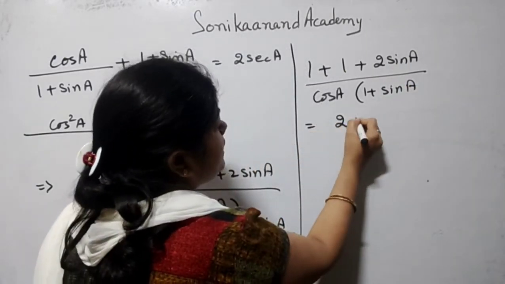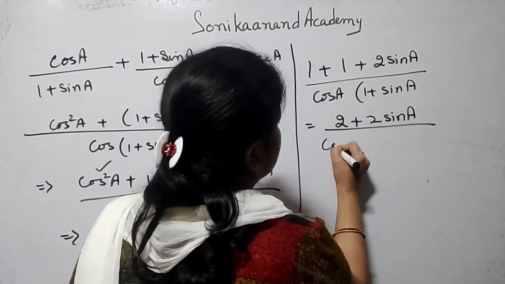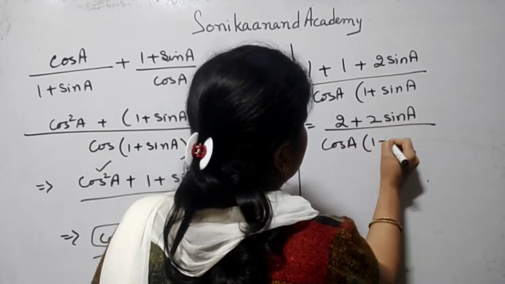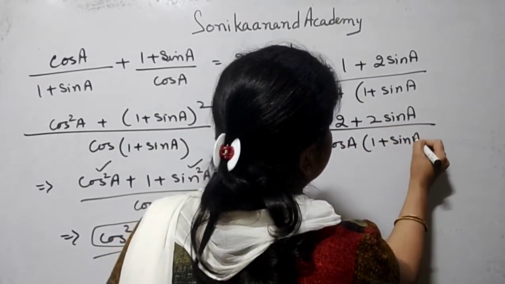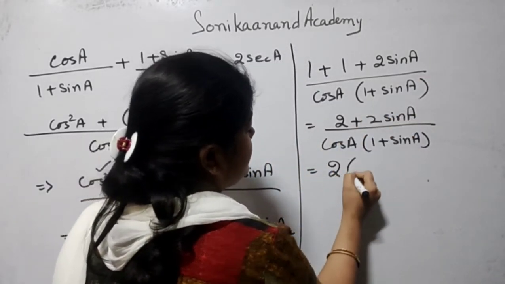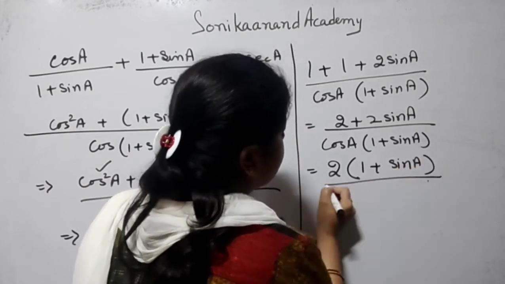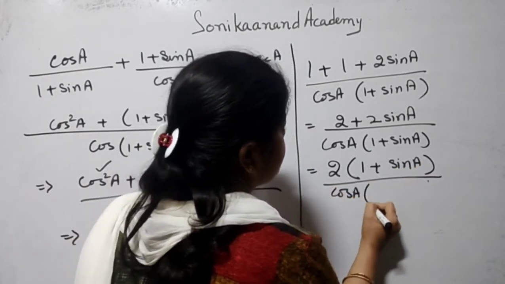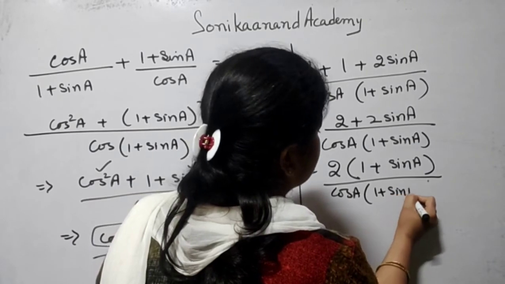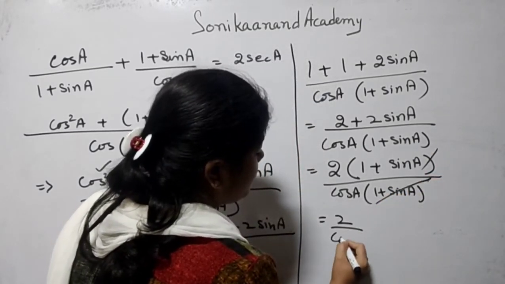It becomes 2 plus 2 sin a over cos a into 1 plus sin a. Now take the 2 outside from the bracket: 2 into 1 plus sin a over cos a into 1 plus sin a. Both get cancelled, so we are left with 2 over cos a.